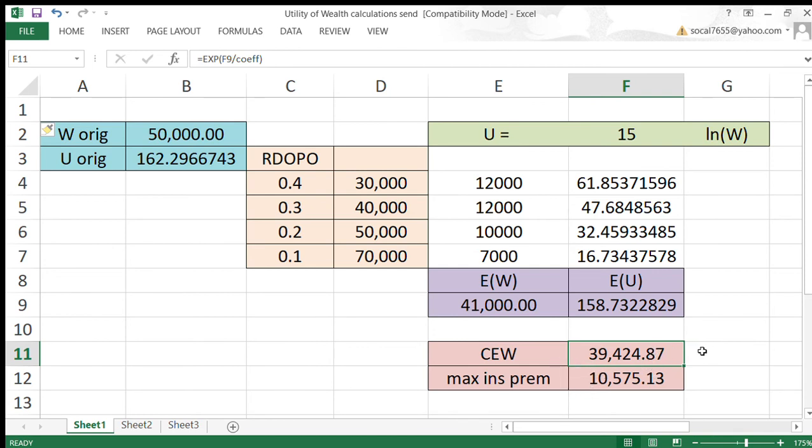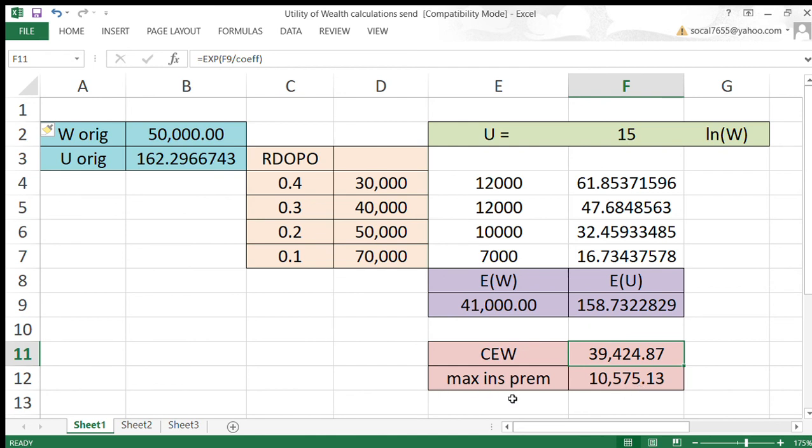So the certainty equivalent wealth is $39,424. The next question we ask is, well, what is the maximum amount that this investor would be willing to pay to avoid this risk? Both the upside right here and the downside here and the no result there. What is the maximum amount the investor would be willing to pay? Well, the investor would be willing to pay the original wealth of $50,000 minus the certainty equivalent wealth of $39,424, or $10,575.